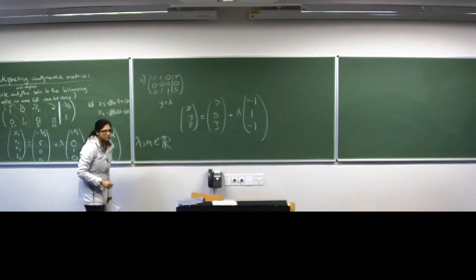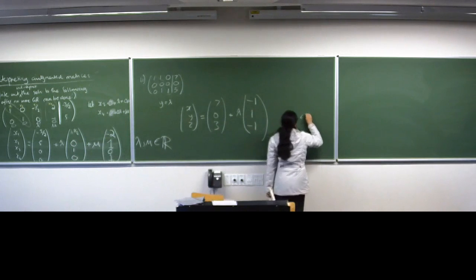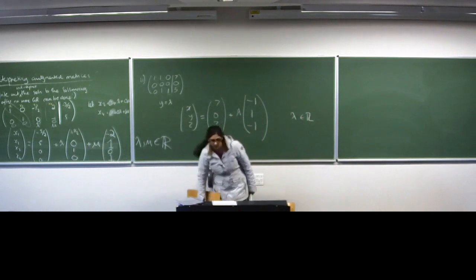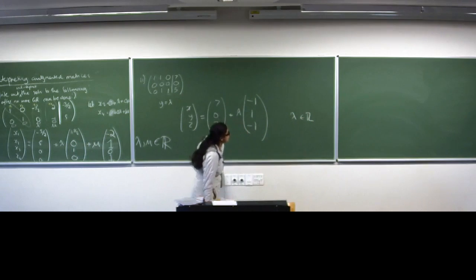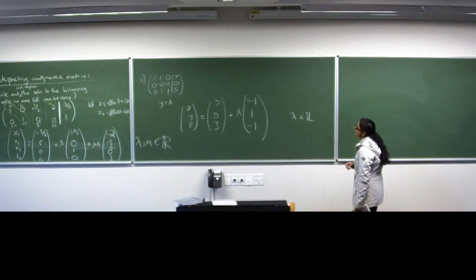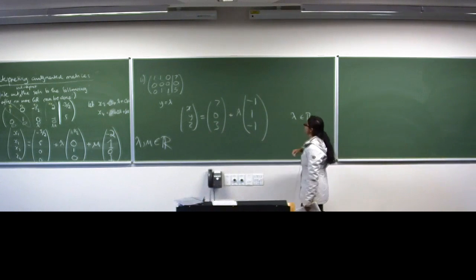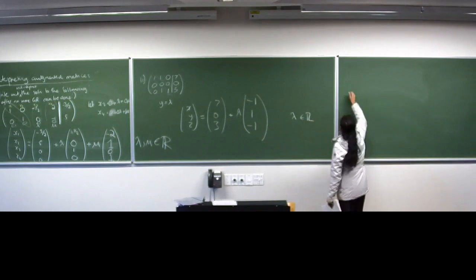That's it. Lambda is an element of R. We could swap our rows, and both answers would be correct. If we swapped our rows, what would it look like?